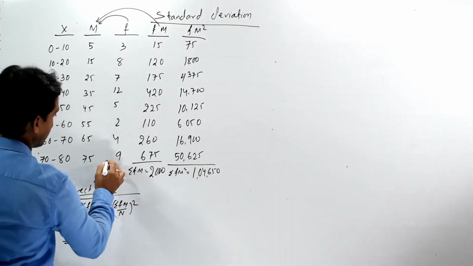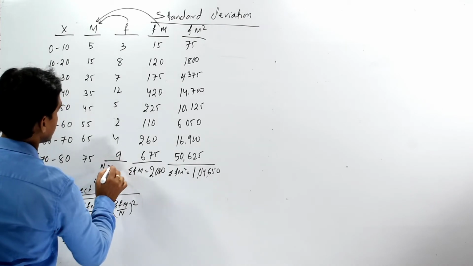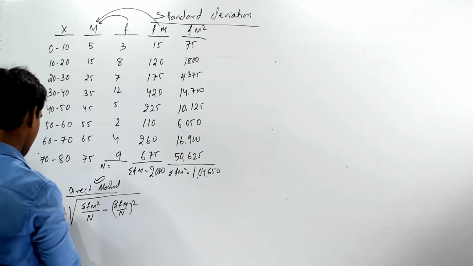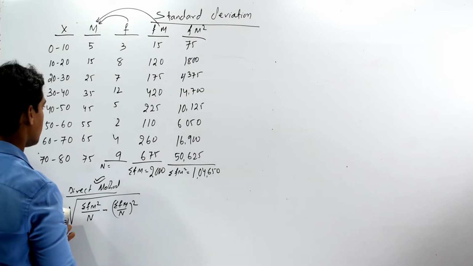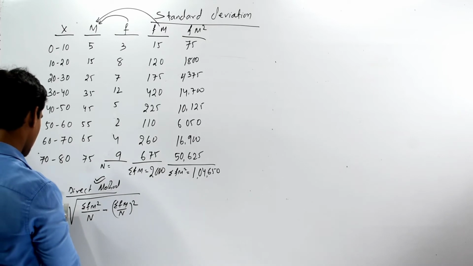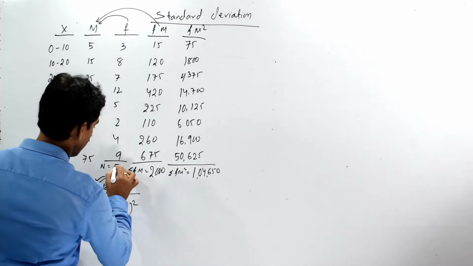And our total frequency, that is n, equals 3 plus 8 plus 7 plus 12 plus 5 plus 2 plus 4 plus 9, that is 50.